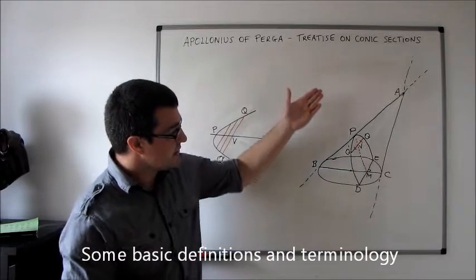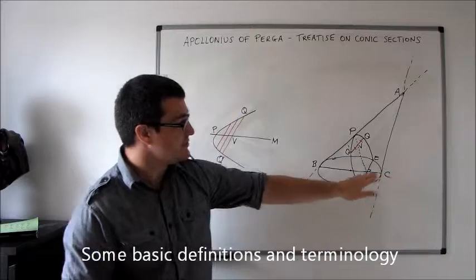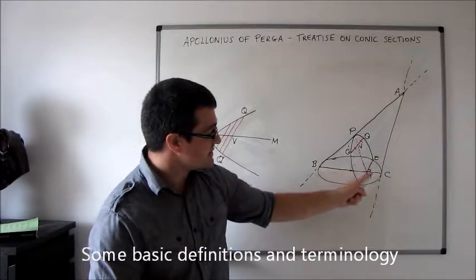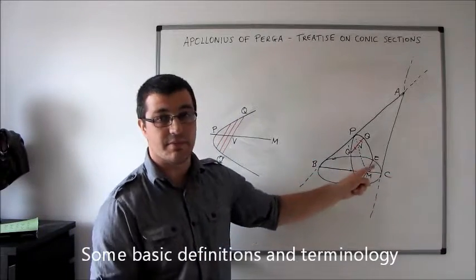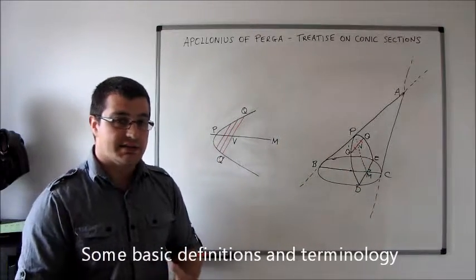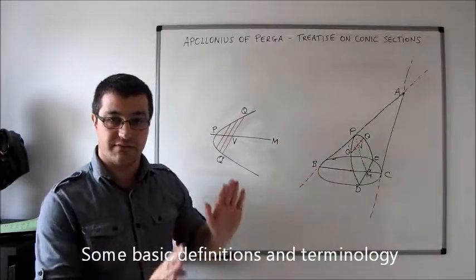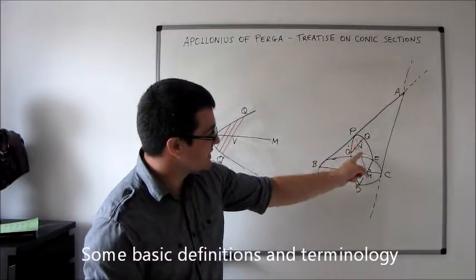And the intersection of the plane of the section with the plane of the base is this straight line here, DME. There will also be a line of intersection of the plane of the section with the plane of the axial triangle, and that's this line here, PM.